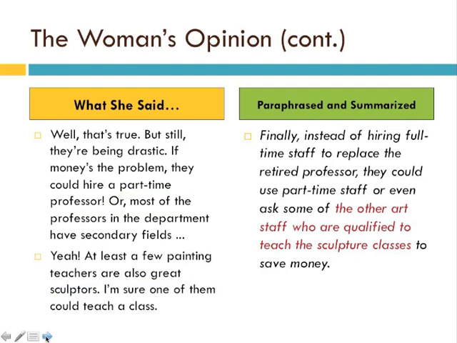Now again, could I mention the fact that there are a few other art staff or painting teachers who are qualified to teach these courses? Again, you probably have enough time to do that. But what I'm trying to demonstrate in this particular point is that I'm trying to save a little time. And in this case, I think that we can include most of the information she's saying by just mentioning that they're qualified to teach the courses.